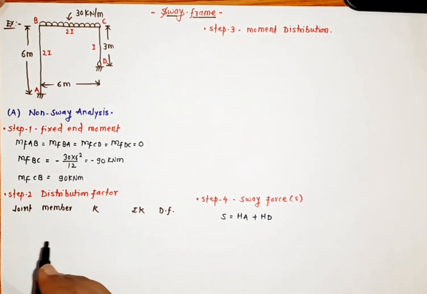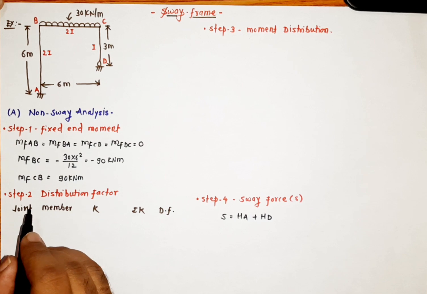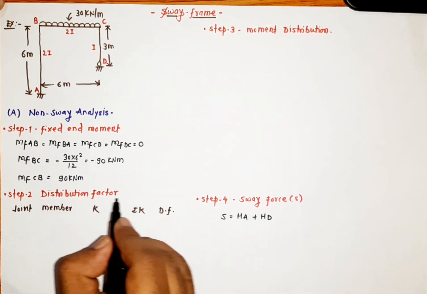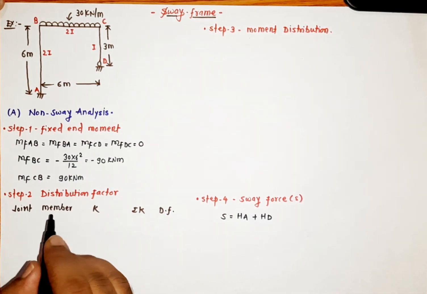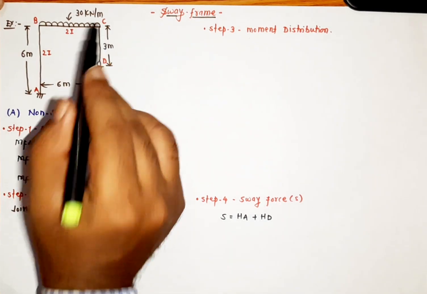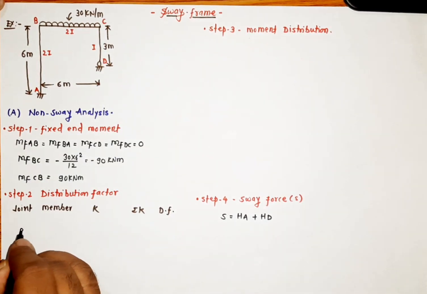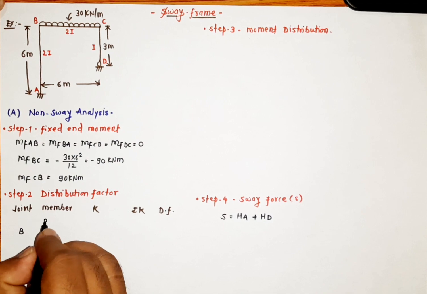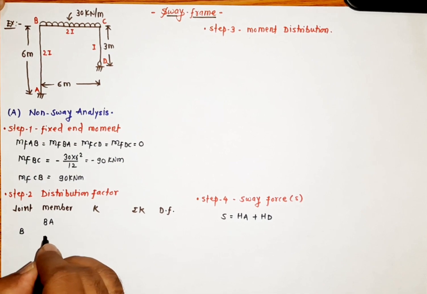Whenever we want to solve by MDM, our next step is the distribution factor. Here there are two joints, B and C. Let us write down the first joint, connecting members BA and BC.